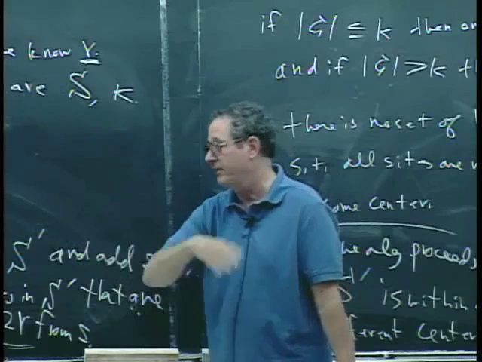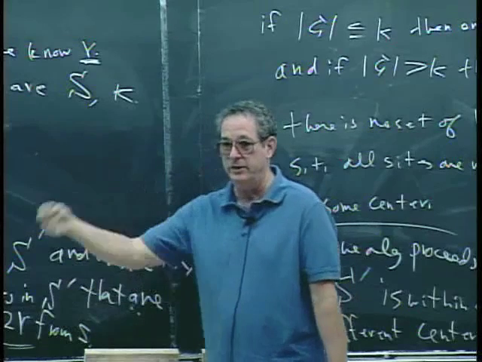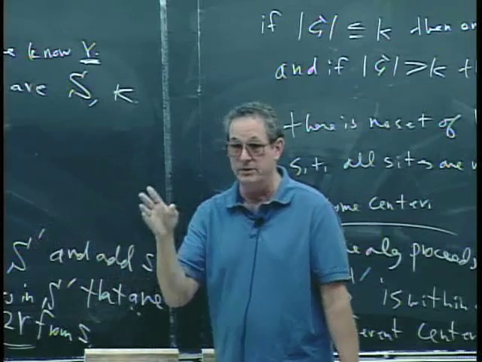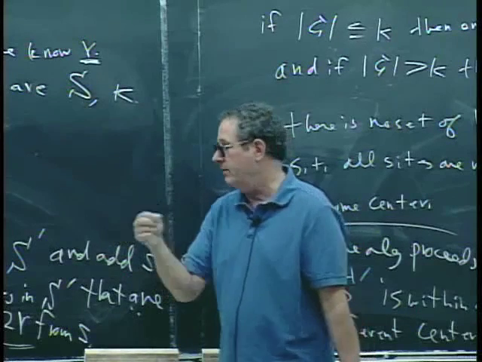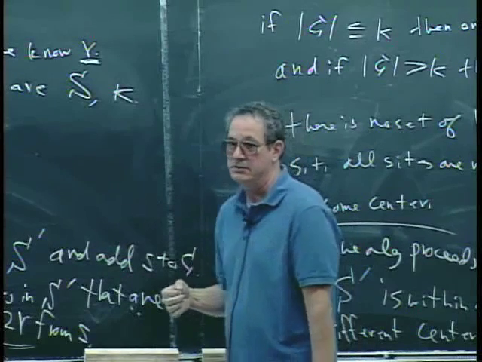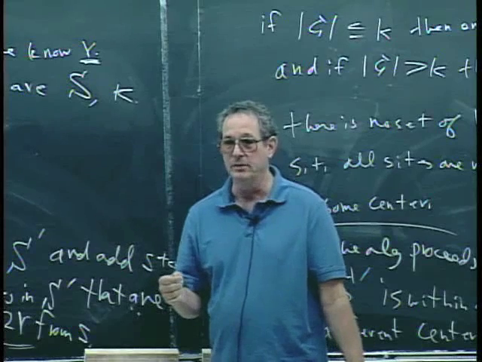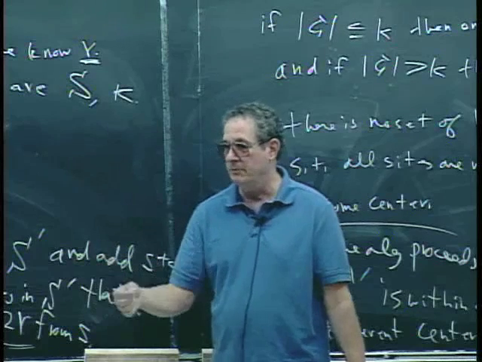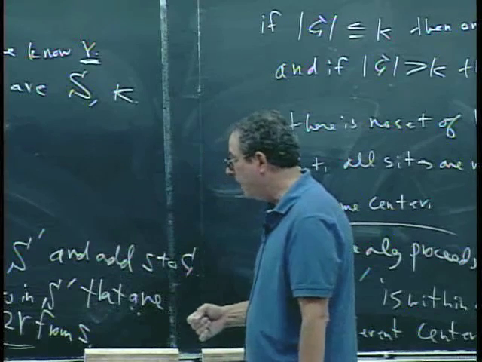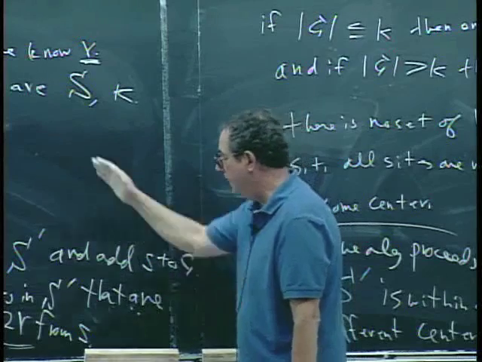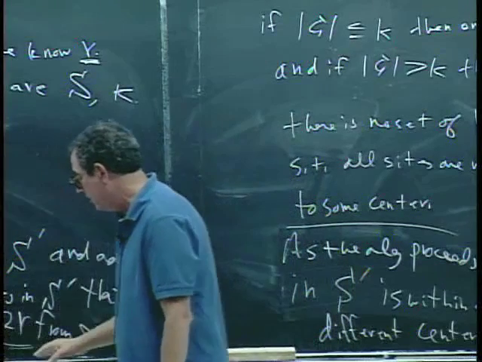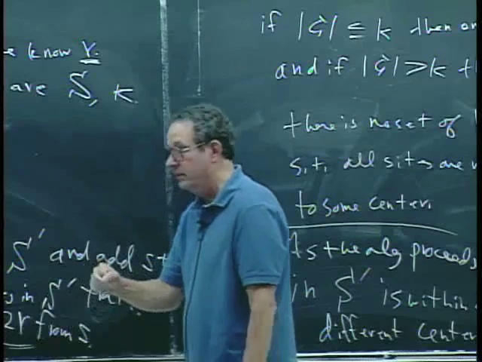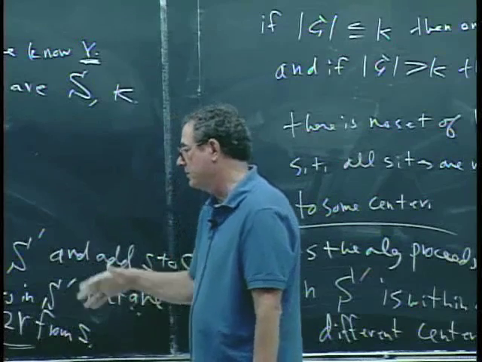You're killing off everything that's within 2R, and so the next site you pick has got to be outside of the circle of 2R. Okay? And if you can just guarantee that property, then that's enough to make sure that the result you get is within 2R. The result is the same as what we want.